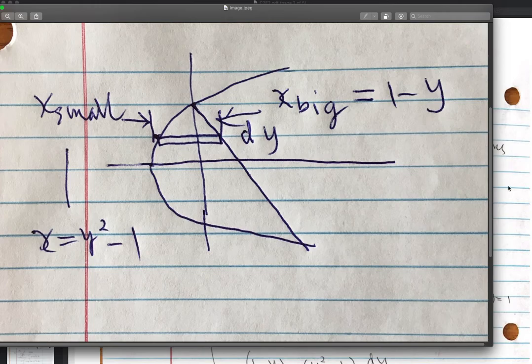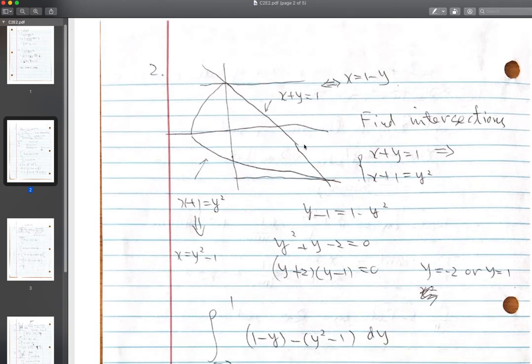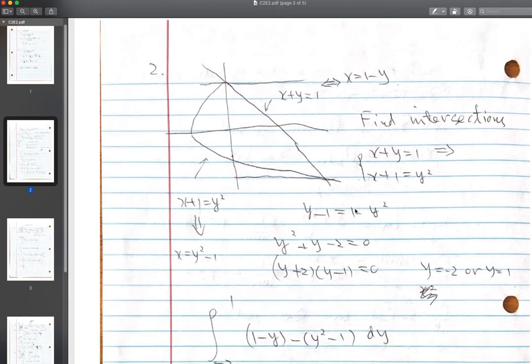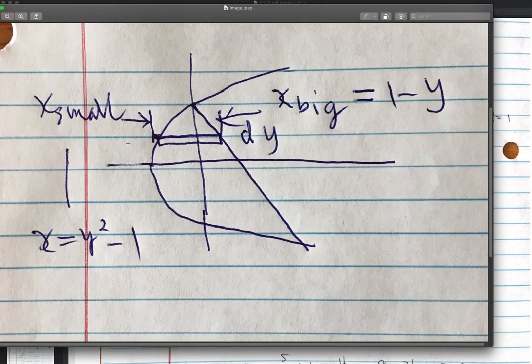So let's take a look at what I have on the solution sheet. The beginning part is for the intersection. Then the integral I set up is in the fashion of x big minus x small. It is from the other drawing here.